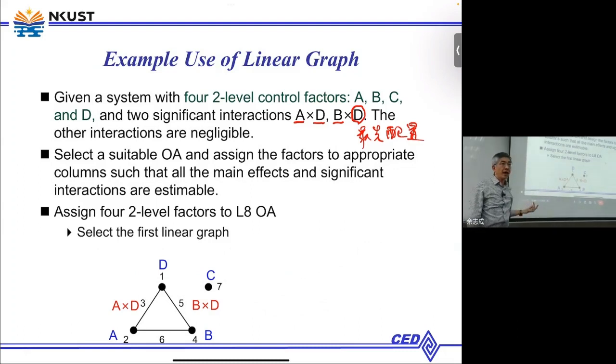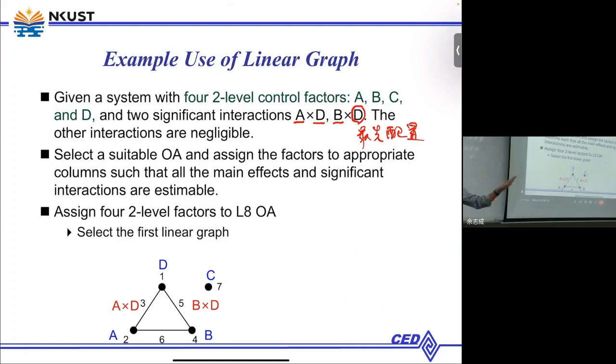How about the rest of the interactions? Do I need to worry about the interaction between 1 and 7? No, because the problem statement already tells you that the rest of the interactions are negligible. So this is very efficient. It makes sure that all the main effects and all the important interactions can be estimated without going to resolution 5. If we go to resolution 5, it will be great.